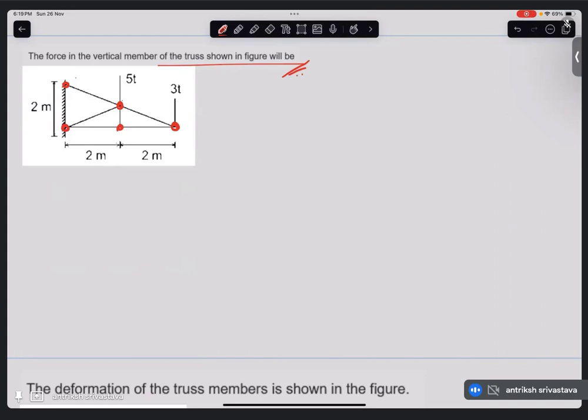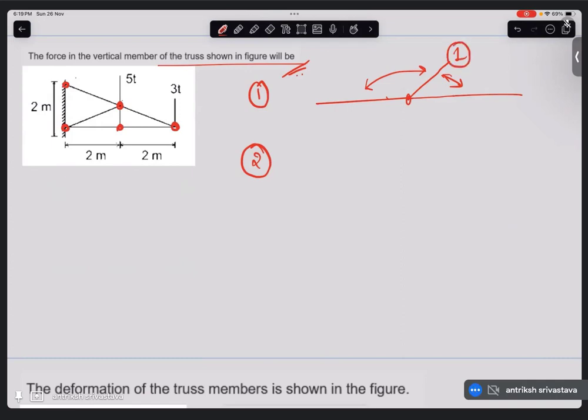Now I am going to tell you two concepts by drawing. If in a truss you have three members that are meeting, out of which two members are coplanar, meaning this angle is 180 degrees, and there is any other member in between, in this space.